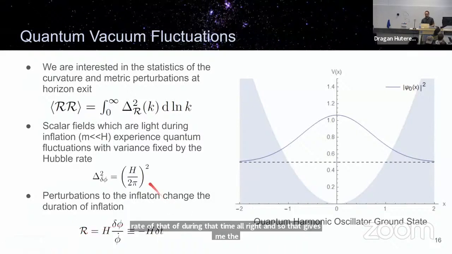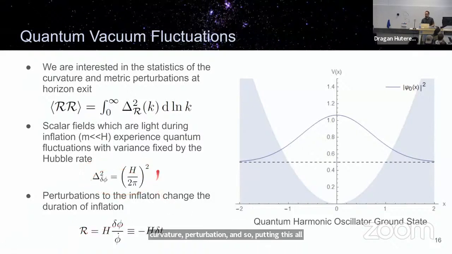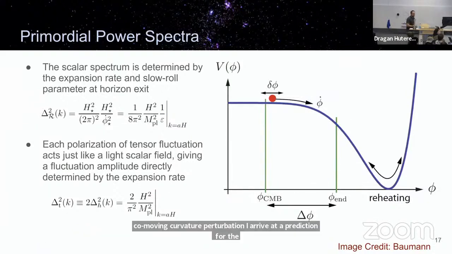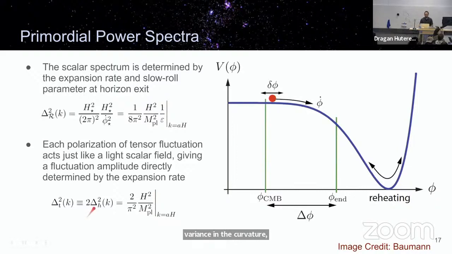And so putting this all together, that is, putting together the quantum fluctuations in the scalar field with the relationship between the scalar field fluctuations and this comoving curvature perturbation, I arrive at a prediction for the variance in the curvature perturbations dictated by the quantum fluctuations in the field that drove inflation. And that's given here. Now this delta R squared is the variance of the curvature perturbations.